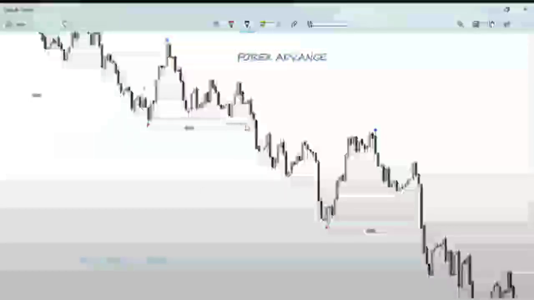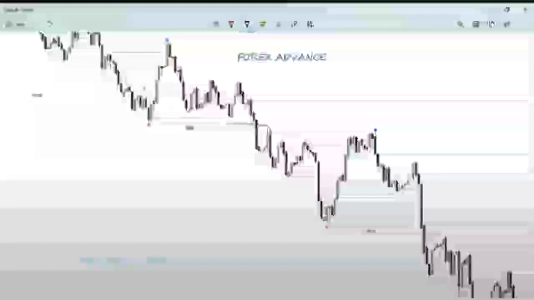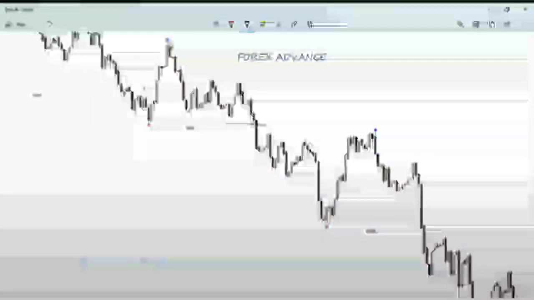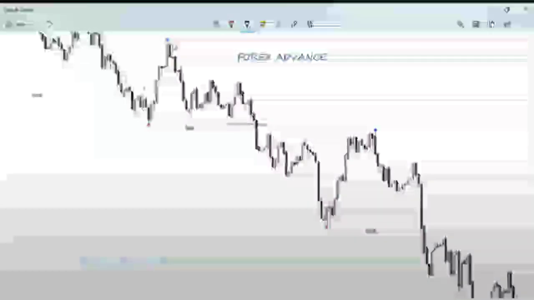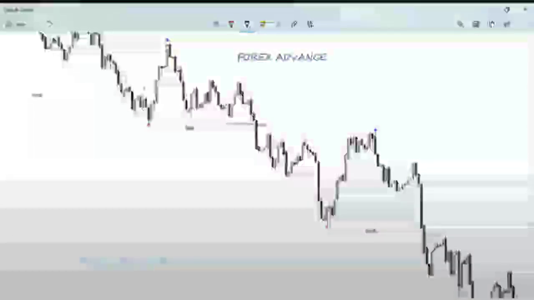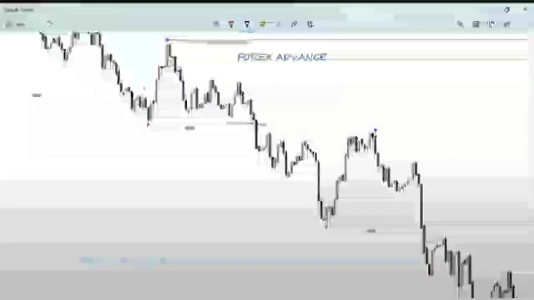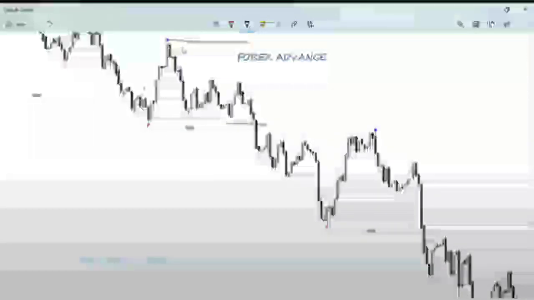Market has done a break of structure. Now we have to look for the last buying candle from where the market again comes downward and has taken momentum. If we mark this specific point, we will find there is no imbalance here. This candle has no imbalance, this candle has no imbalance, this candle has no imbalance.